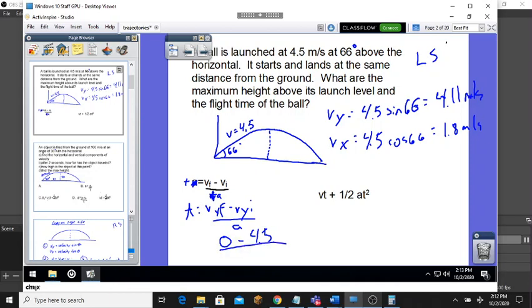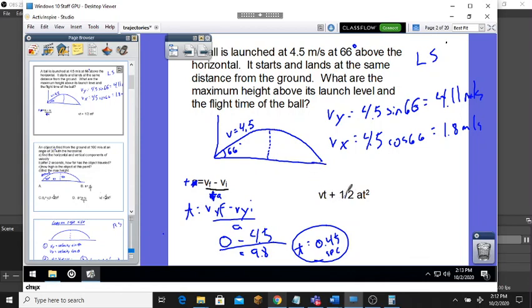And the acceleration is always going to be gravity. For these problems, gravity is always going to be negative 9.8, and that's what the formula calls for. So when I divide these two numbers, I end up getting my time, 0.45. This is telling me it's going to take 0.45 seconds for it to reach the midway point, the high point.